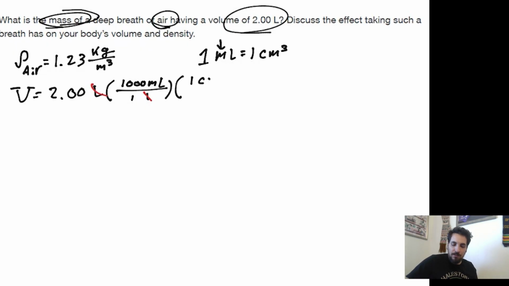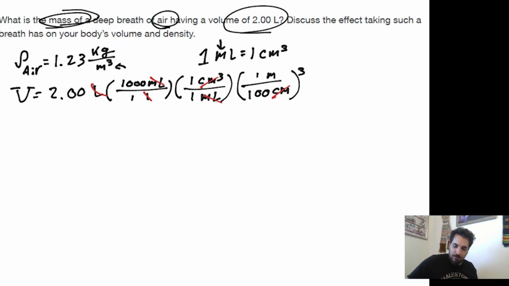We know 1 centimeter cubed is equal to 1 milliliter, so a 1-to-1 unit conversion here that gets rid of our milliliter units. And then if we want to get into this meter cubed unit, well, we could say that 1 meter is 100 centimeters, and we have to do this 3 times to account for the centimeters cubed.